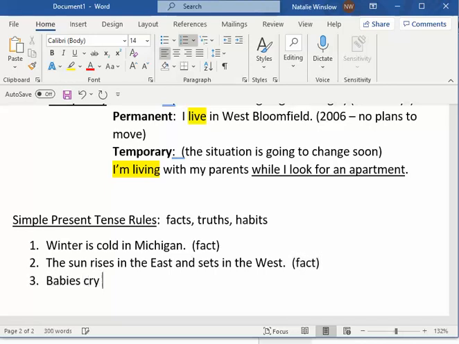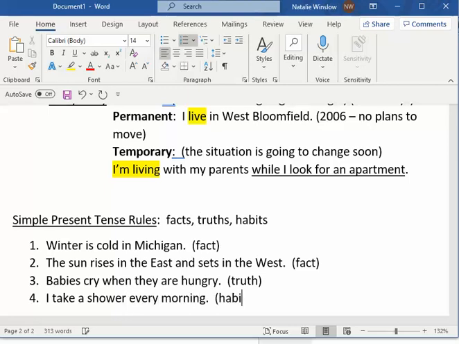Babies cry when they are hungry. That could be a fact, but it's a truth, right? That's true all over the world. And I take a shower every morning. That is a habit. So notice that all of these are in the simple present tense, whether it's the be verb or a regular verb.